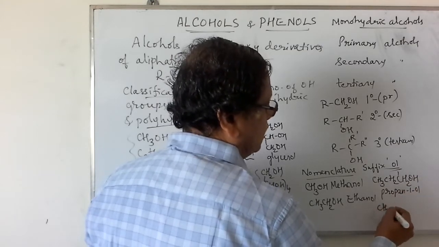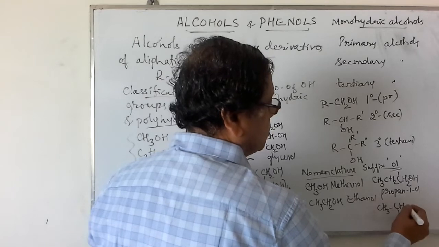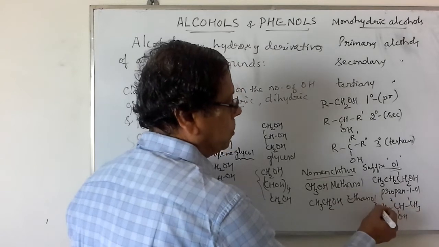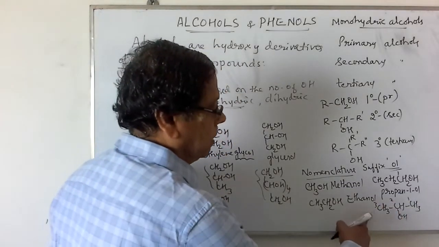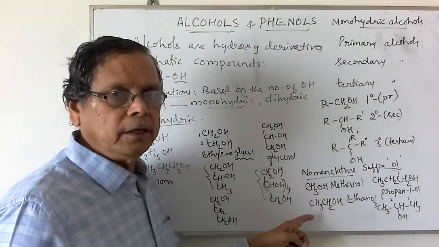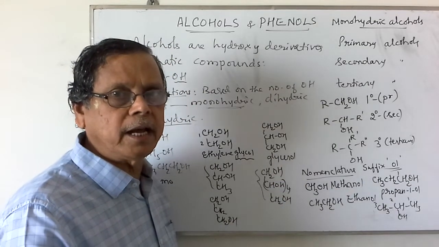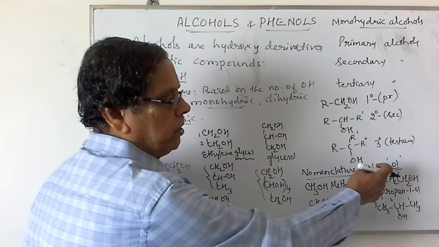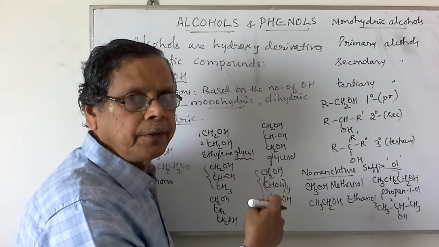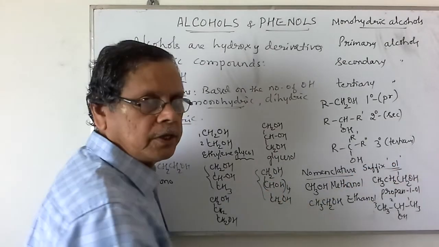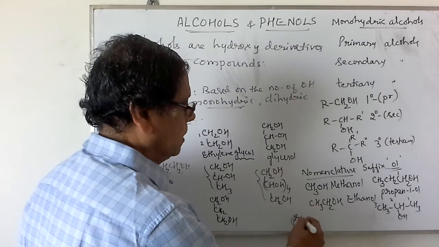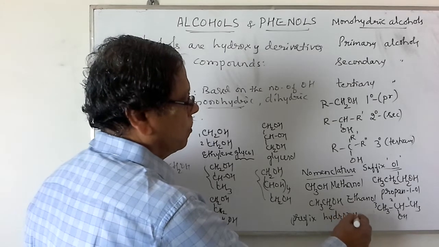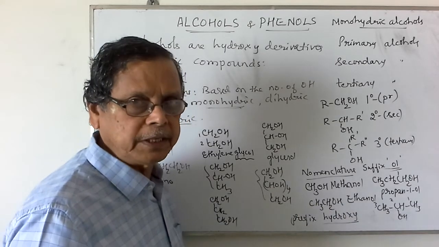Suppose it is CH3, CHOH, CH3. Same name, but the position of the OH group is 2, that's why it is propan-2-ol. All other rules hold good if other substituents like alkyl groups or other functional groups are present. But if a functional group is above the OH group in the priority table, the OH should be named as the hydroxy group. So we can use the prefix hydroxy if any other functional group prior to this OH group is present.